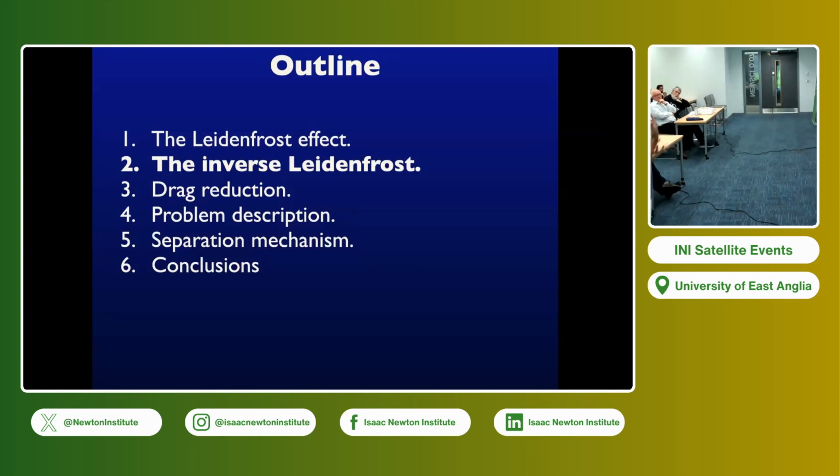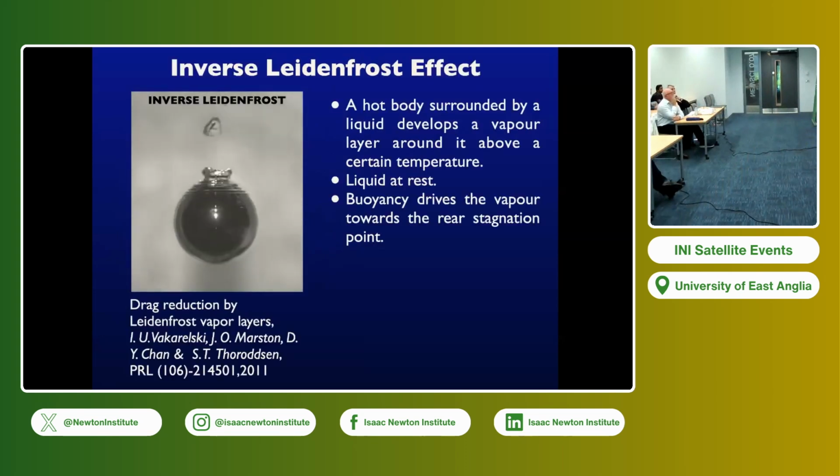So in this case, what we can imagine, as it's called inverse, is that instead of having a flat surface and a drop of liquid, we will have a solid body which is embedded in a fluid. In this case, the temperature of the solid has to be high enough to vaporize the surrounding liquid.